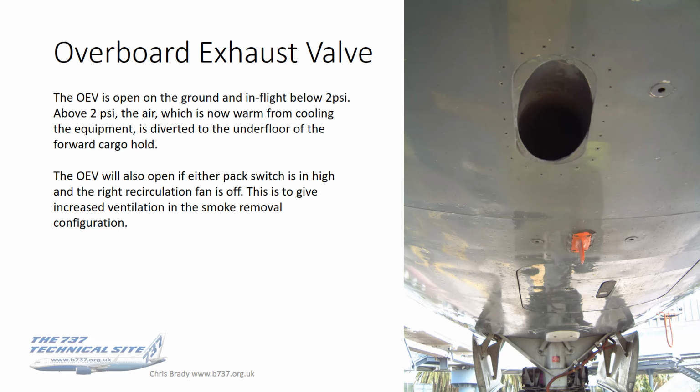You will possibly have heard this valve opening in flight. Usually when you're on approach, around 15-20 miles out from the airfield, you will hear a sudden faint hissing sound, and that is the sound of this valve opening.